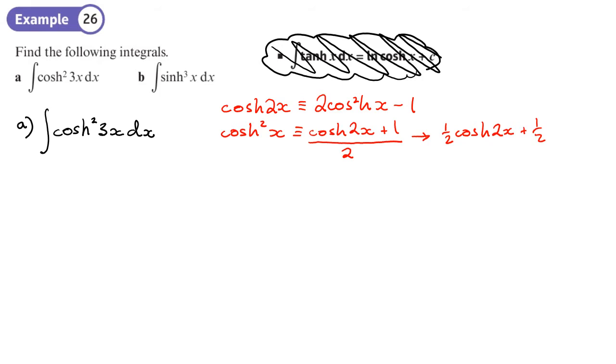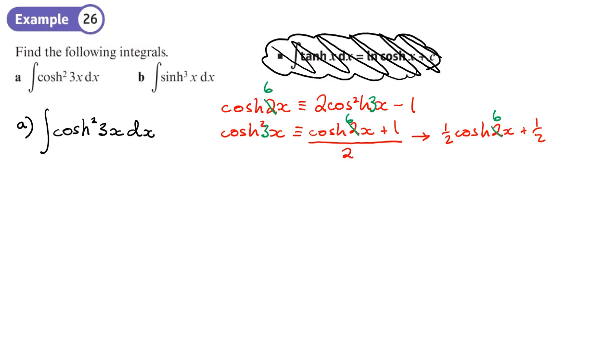But here, can you see we've got cosh squared 3x. So all we need to do, if this is a 3 here, this is going to be double that, so this will be a 6. So it'll be half cosh 6x.